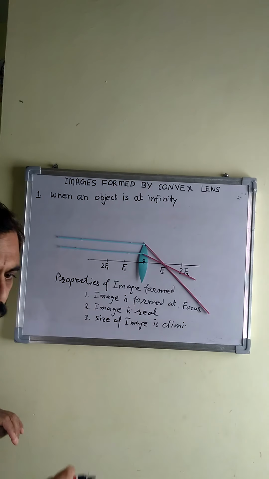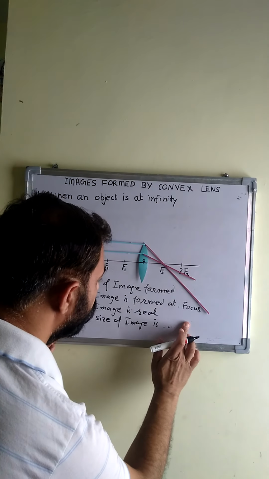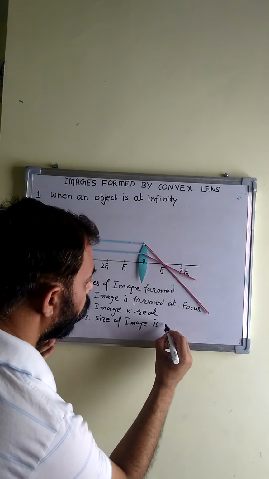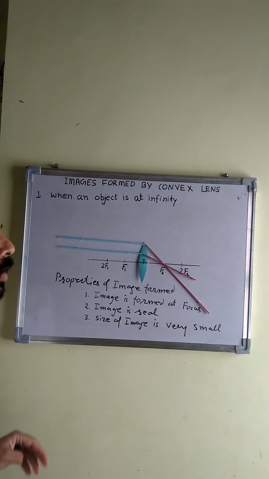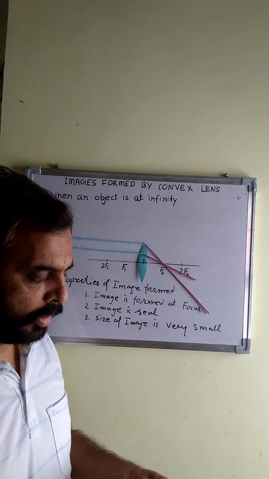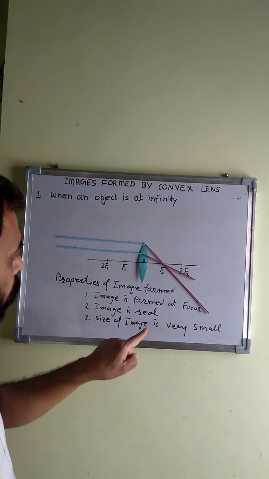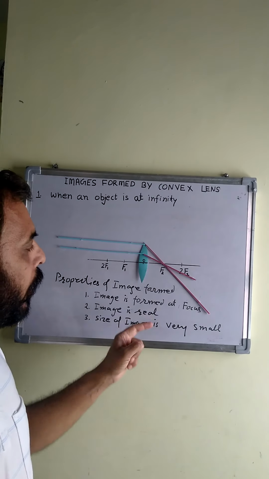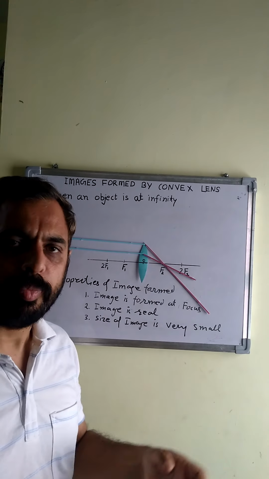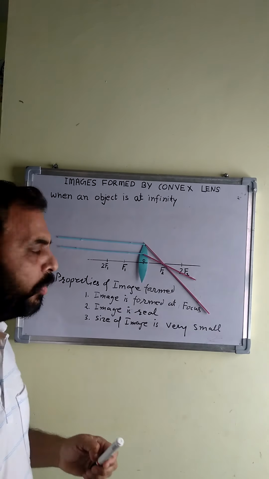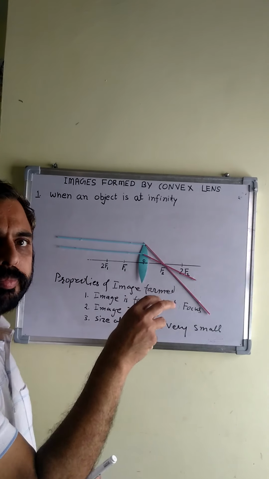Highly diminished, I should say. This is highly diminished. Very small. Or you can write highly diminished. So these are the properties. All real images are inverted. So that can be written, but because it is a point size, point cannot be inverted, so we can skip in this diagram.